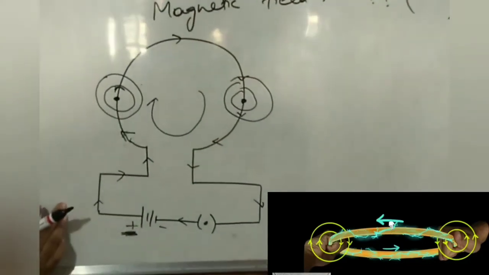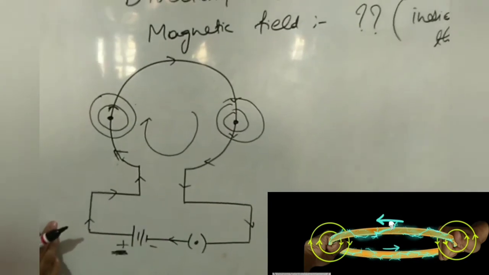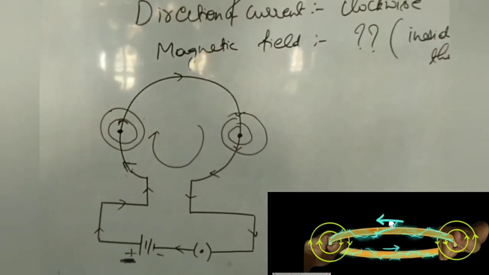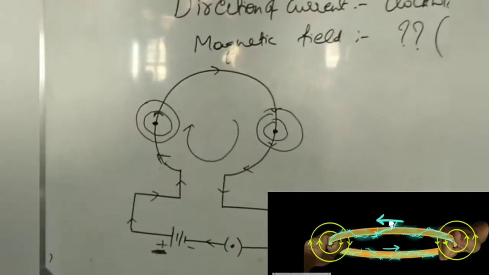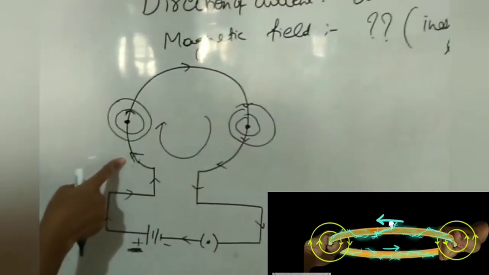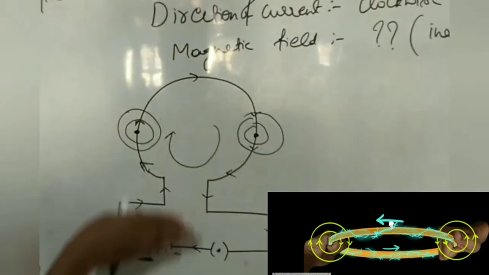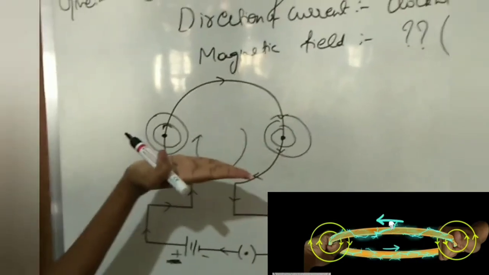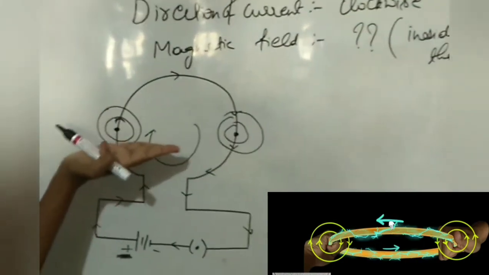In the question they are told to apply the right hand thumb rule. So just apply the right hand thumb rule. Make an activity and see. If you want, just take a circular bangle or any material and find out. See, now we are keeping it in a vertical way, but we need to take it in a horizontal way. When we take it in a horizontal way, we'll get exactly how it looks.